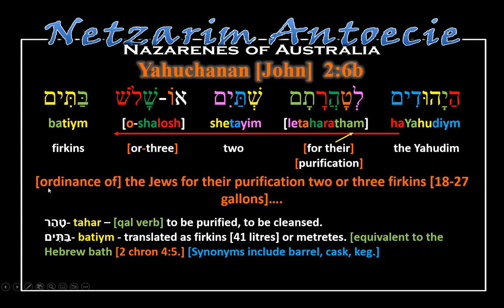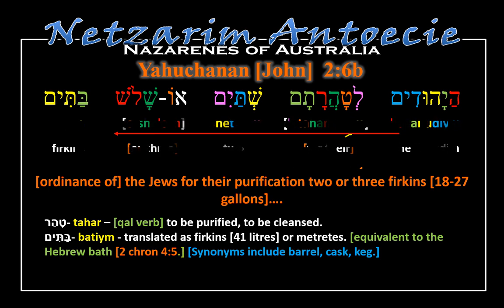So the translation, the ordinance of the Jews for their purification, 2 or 3 firkins, which is 18 to 27 gallons, if we're dealing in gallons. But I've given you litres here also. Right, so now we can read that.